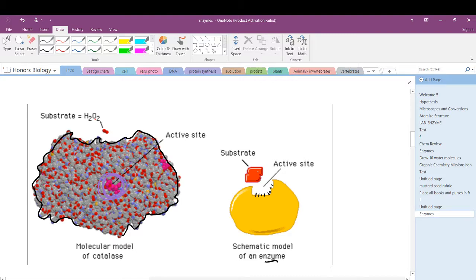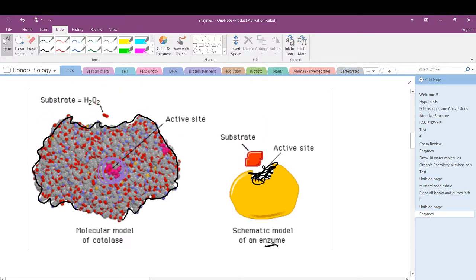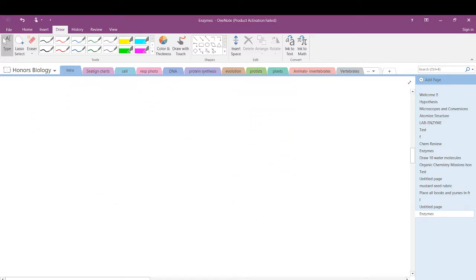Now, you want to be thinking, if that active site, if that shape is so important, well, what happens if that shape is gone? And remember, the shape is coming from that three-dimensionality of that set of amino acids that are bending and folding and creating all these twists and turns that ultimately create this little pocket.